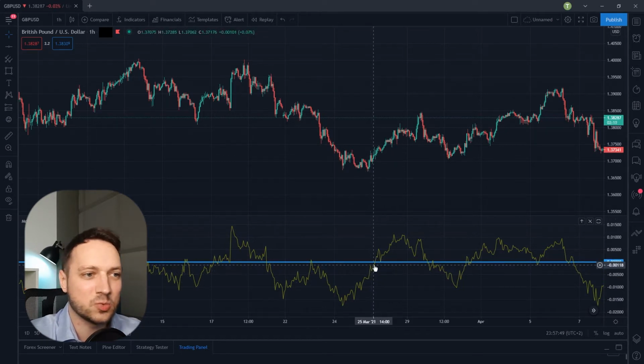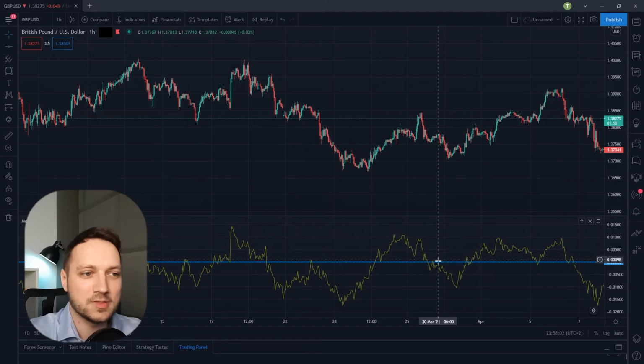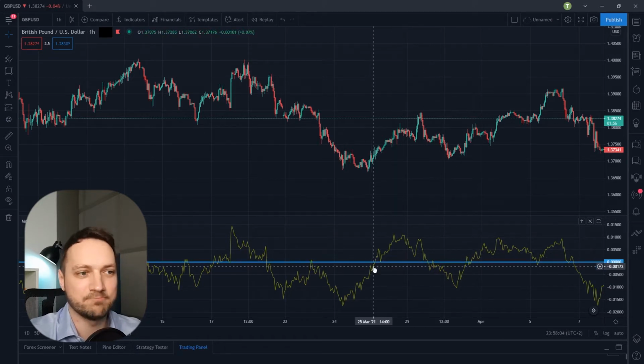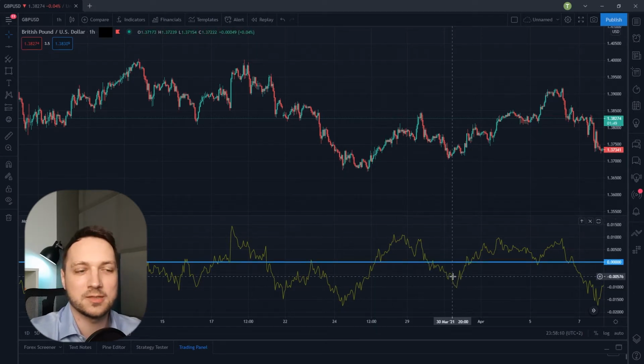And for example, this one is a buy trade, this one is a sell trade, because the oscillator crosses the line from the top to the downside and right here from bottom to the upside. And this is also our exit level. So we, for example, enter here and exit right here. As you can probably deduct with this strategy, you could be all the time in position.